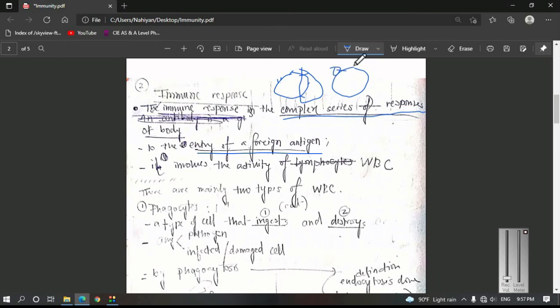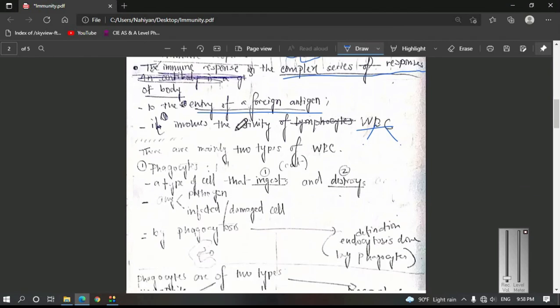It might be different, so the body recognizes it. And the last point is it involves the activity of white blood cells, both the lymphocytes and phagocytes. So these are the 3 main points you have to know as the definition of immune response for the Cambridge syllabus.